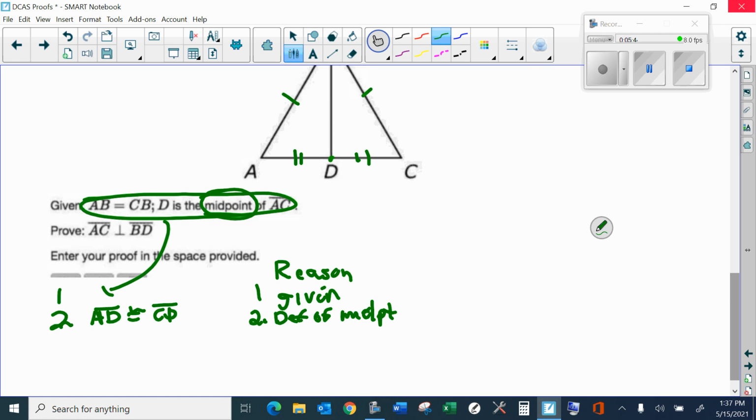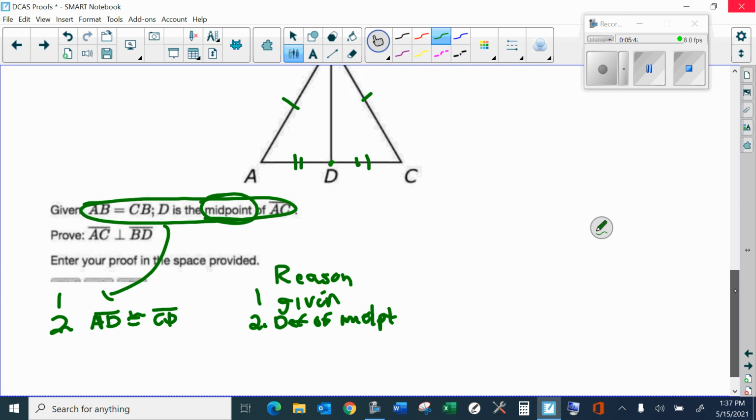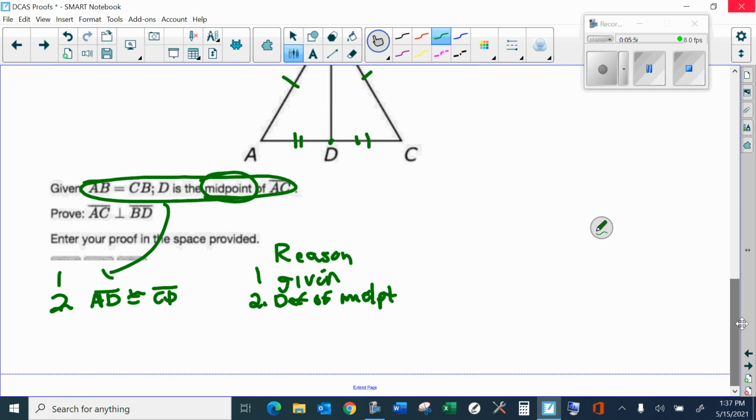Okay, and of course we have the free point we get ourselves. BD is congruent to BD. Reflexive property of congruence.